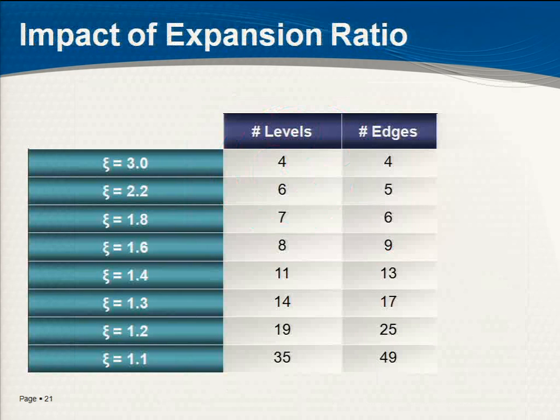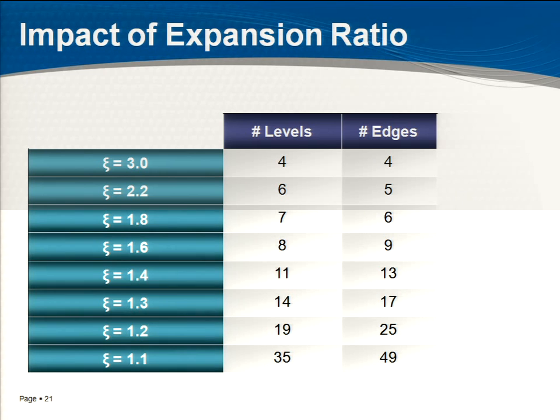In these examples, the most important thing is the expansion ratio. If it becomes closer, then the original graph is represented very finely.